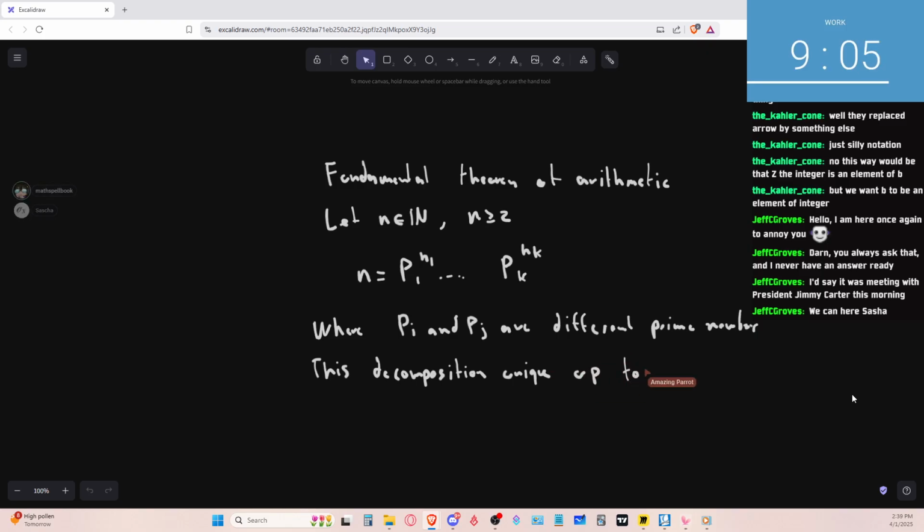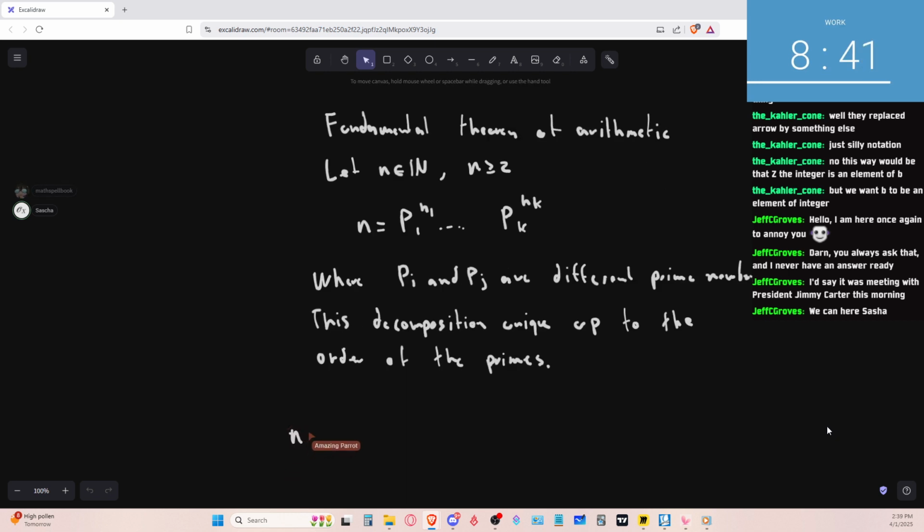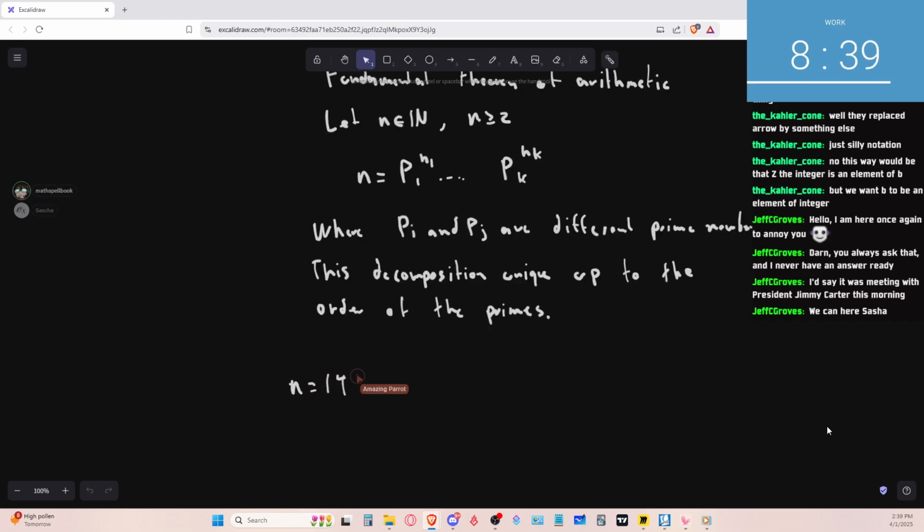Up to the order of the primes. So maybe we can just go through some numerical computation to see how it would work. Maybe we can take some numbers, maybe we can start with 144.